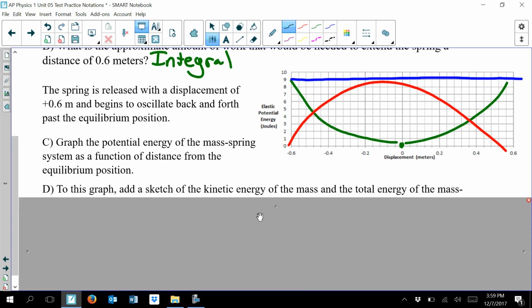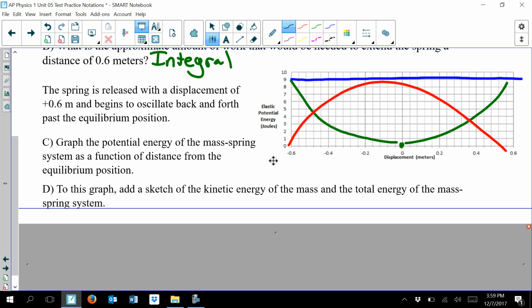If we graph the potential energy, and I didn't get the numbers in there, but I'm just drawing the shape. Remember that we have a parabolic shape. The green is going to be the potential energy. At zero displacement, you have no potential energy. That x is 0. And it has this parabolic shape. And then if we sketch the kinetic energy and total energy of the mass-spring system, the kinetic energy is an inverted parabola that should peak at the same point.